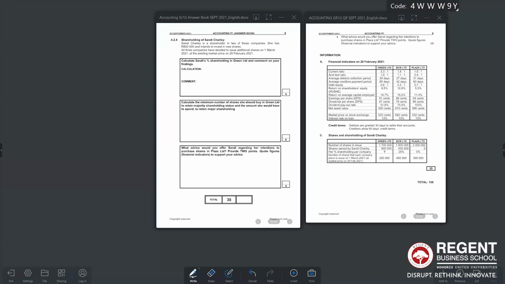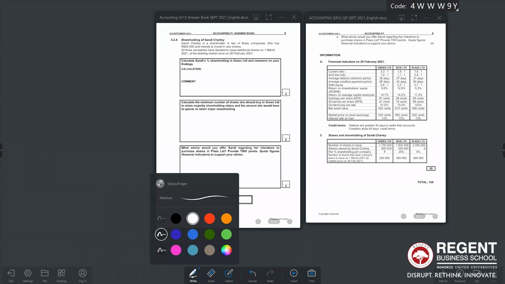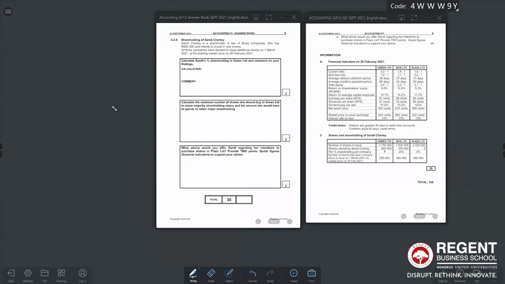So you're going to say, firstly, she's already owning 900,000 shares. Green Limited wants to issue a further 250,000 shares.